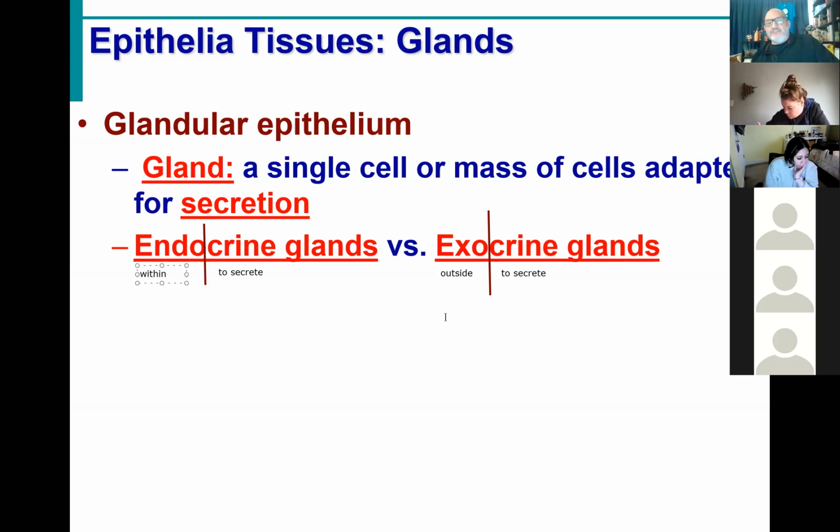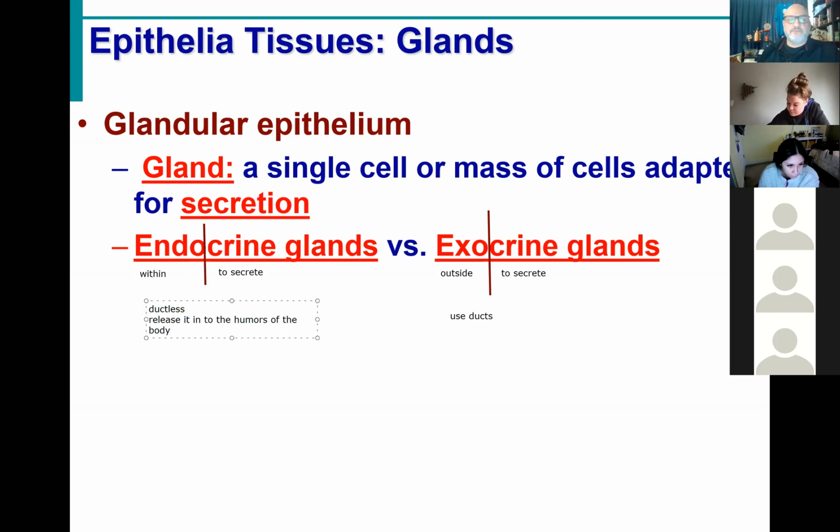Now, to secrete outside of the body, exocrine glands use ducts. I think I saw someone say ducts. So exocrine glands use the duct to secrete the substance out, whereas endocrine glands are ductless. I don't know if that's actually a word, but I'm going to go ahead and use it like it's a word. Basically, instead, they produce a secretion and release it into the humors of the body. What do I mean by the humors of the body?